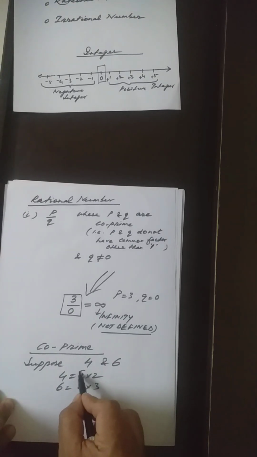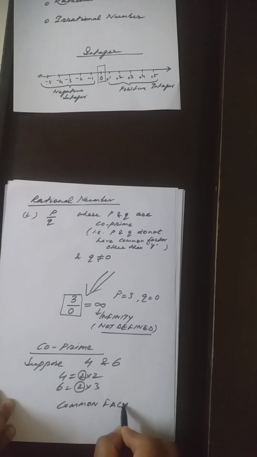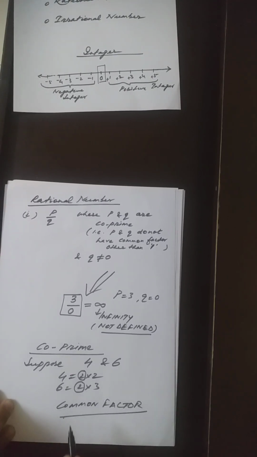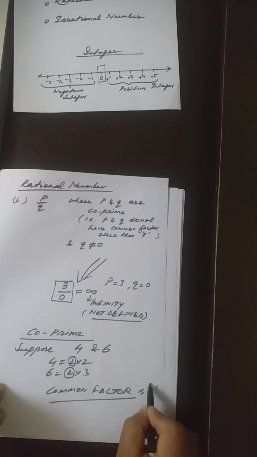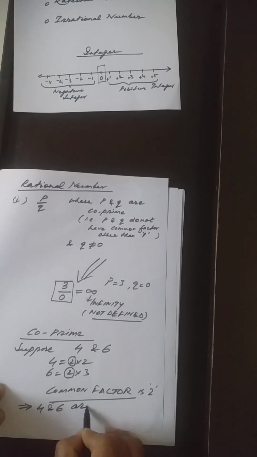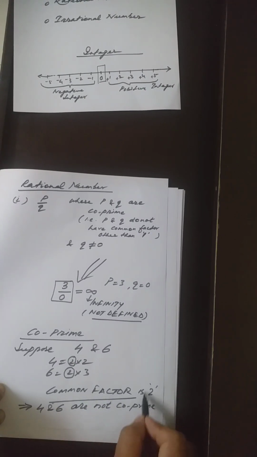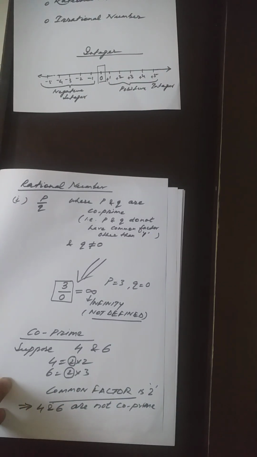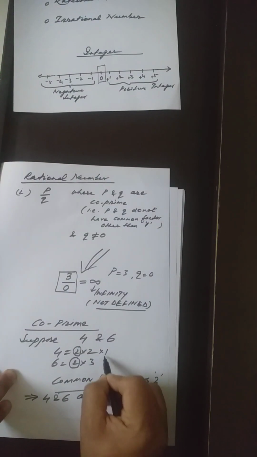So 4 and 6 have a common factor 2. This means 4 and 6 are not co-prime because they have factor 2 common to both of them, which is other than 1, meaning this one.